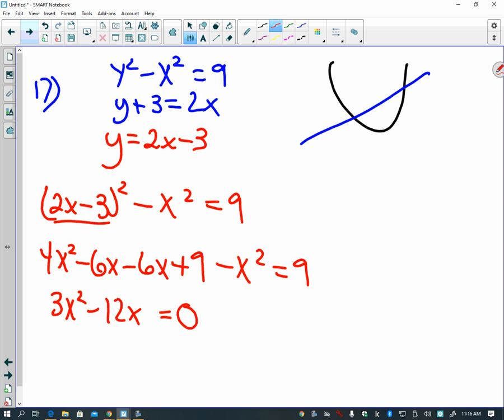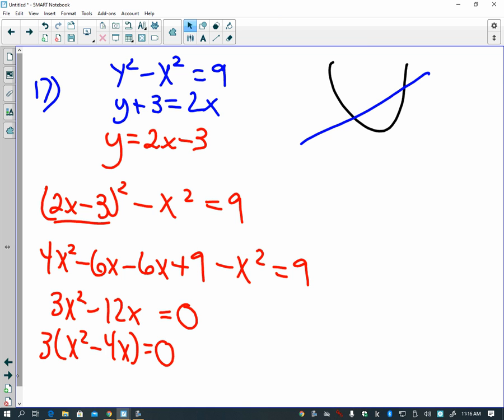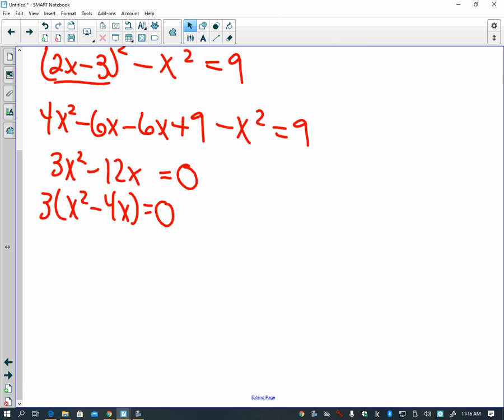Now at this point, we could factor out a 3. So we get 3 times (x squared minus 4x) equals 0. I'm not actually looking at anything, so I might be way off on some of this.